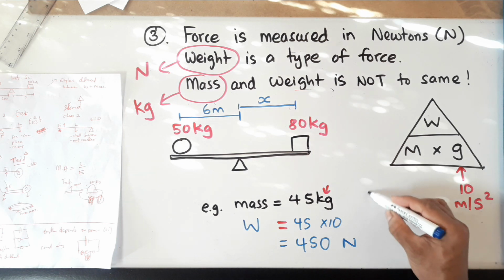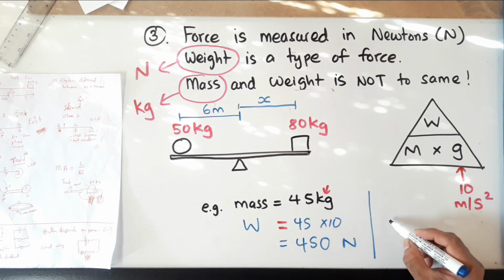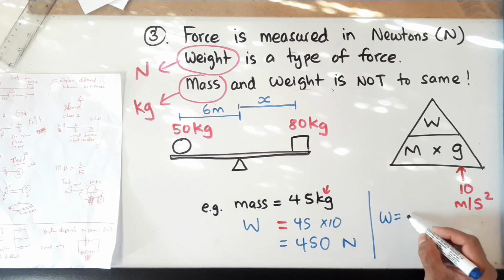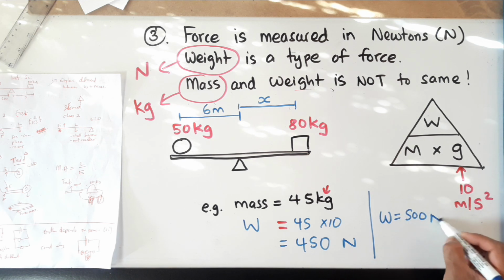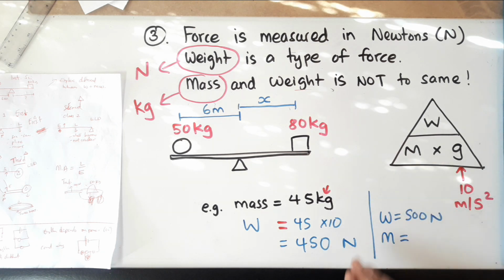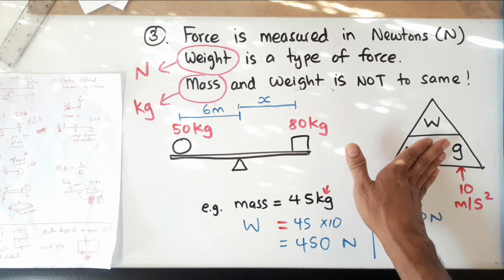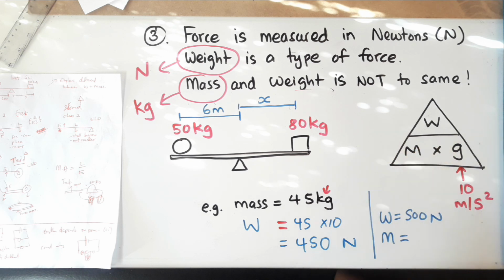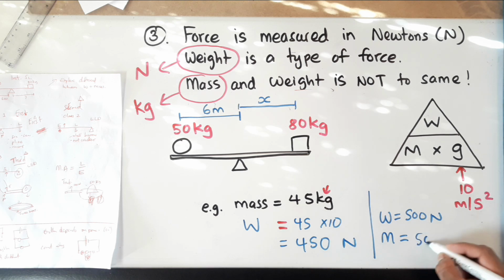And on the other hand, if I had something with a weight of 500 newtons and I wanted to know the mass, well, mass is just weight divided by gravity. So I would take the weight, which is 500, and divide it by gravity, which is 10, and get 50.